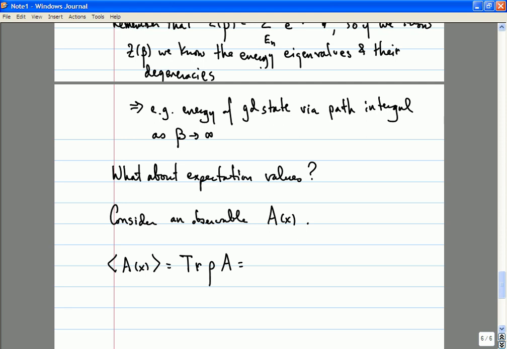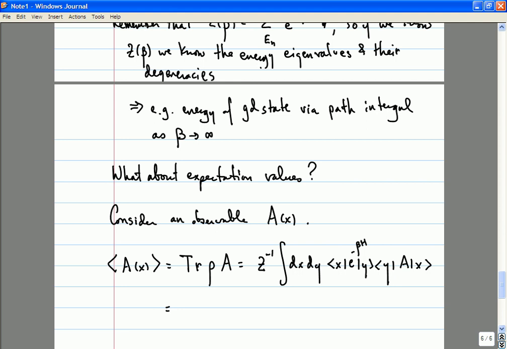Or if I want to expand this out in a position space basis, this is the integral dx dy of the matrix element of rho between x and y times the matrix element of A between y and x. I guess since I pulled out that factor of Z, I should write that as e to the minus beta H. And A, I've decided, is a function of x, so it's diagonal in the position space basis.